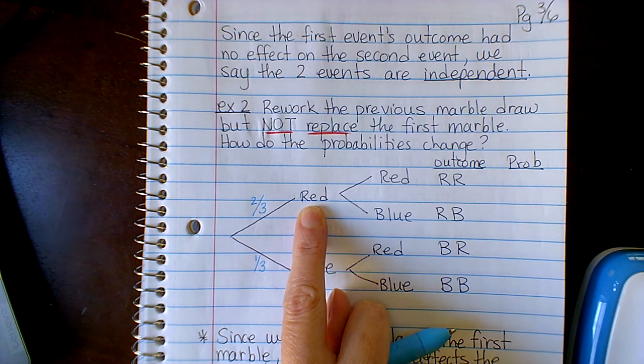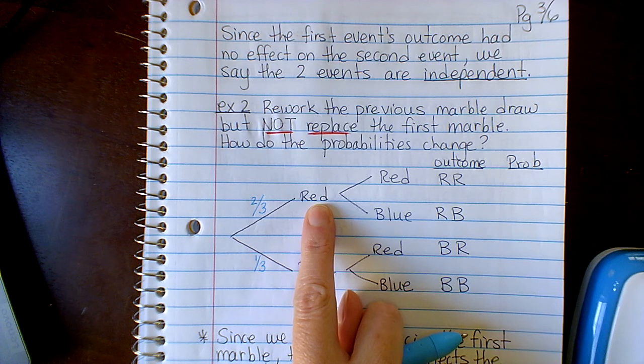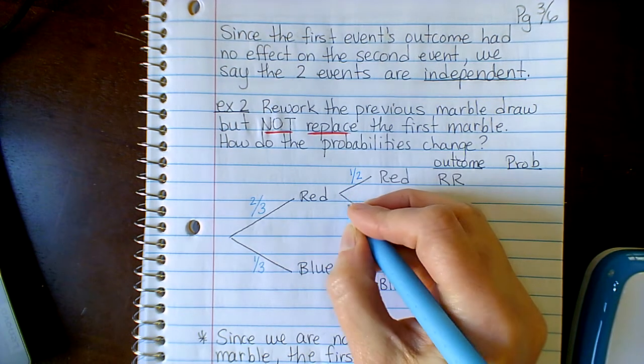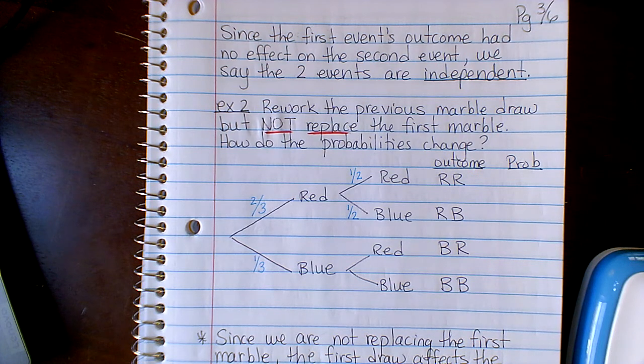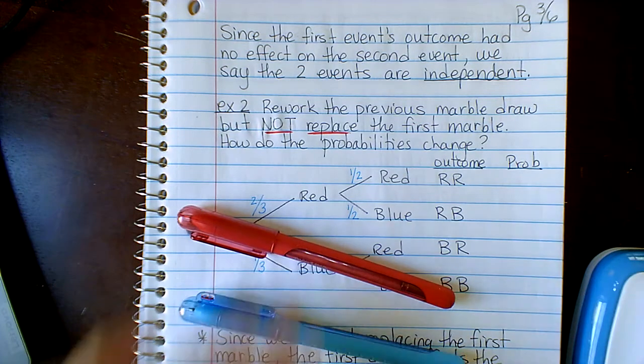So what is the probability now of getting a red? If I have already pulled out 1 red, I've only got 2 marbles left, and only 1 of them is a red, and 1 of them is blue. Okay, wait, was it 2 red and 1 blue?